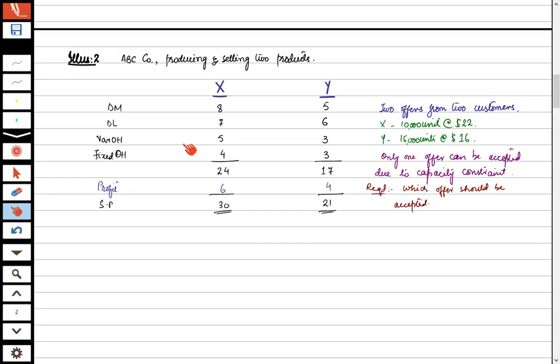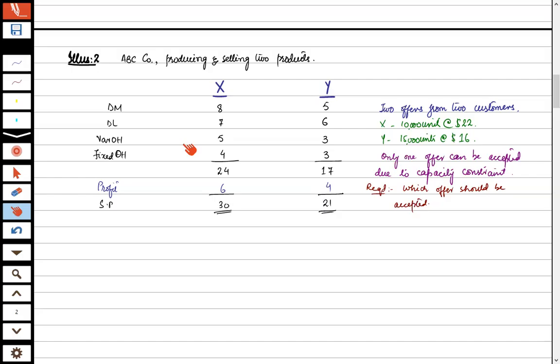So the contribution margin is 30,000. Contribution margin for Y is greater. So on the basis of that, we will accept which offer? Product Y. That's great.